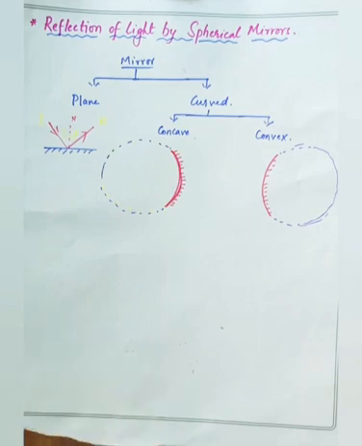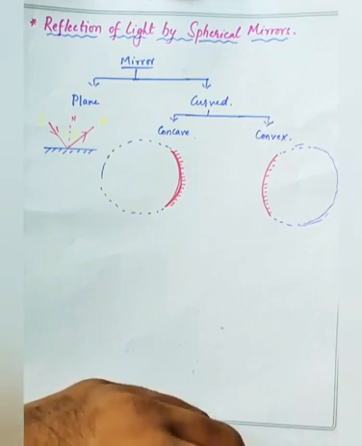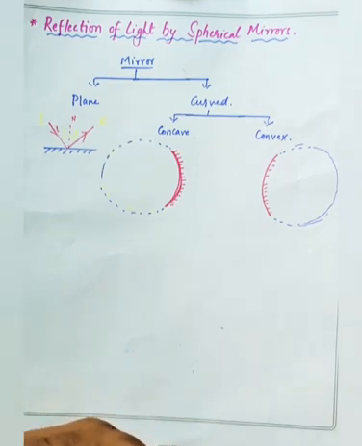To understand this properly, we should know a few basic definitions. Those are pole, aperture, center of curvature, radius of curvature, principal focus, and focal length, etc. Let us see one by one now.